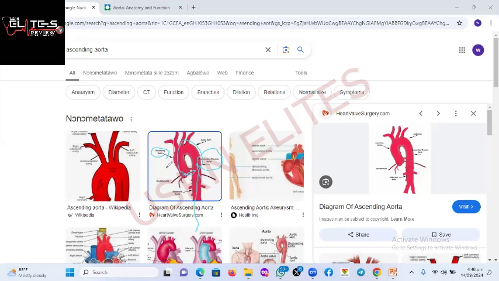So when the ascending aorta, the one that goes up, is affected, mostly the pulses affected are those on the upper part of our body, the upper extremity pulses. For instance, your carotid pulse or temporal pulses could be affected, either with a reduction in the strength of the pulse, or you might not be able to feel the pulse over there.